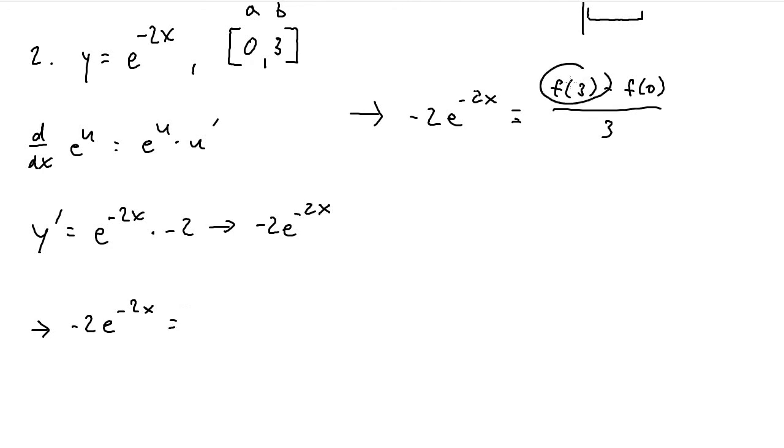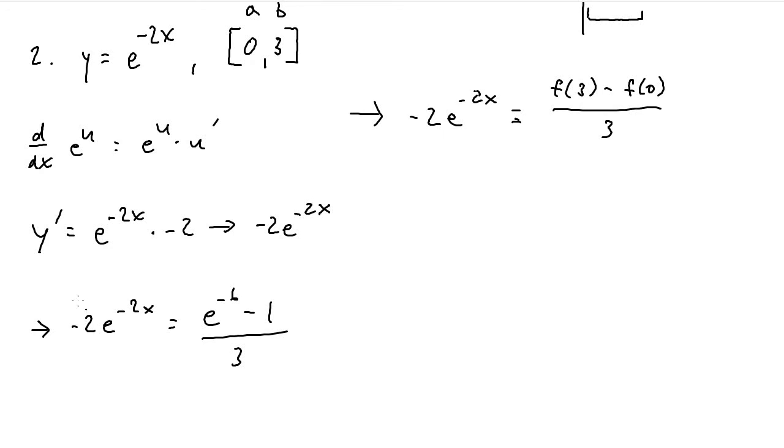So f of 3, once again, I'm going to plug it into the original equation. So when I plug in 3, we get e to the negative 2 times 3, so e to the negative 6 power, minus f of 0. So when I plug in 0 to the equation, I'll get negative 2 times 0, which is 0, and e to the 0 is 1, over 3.